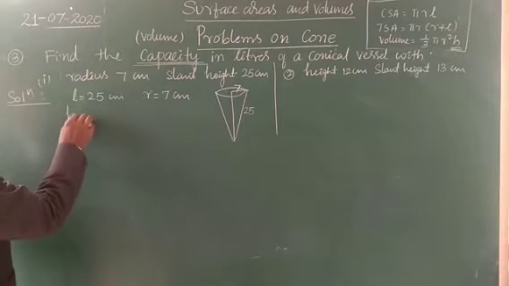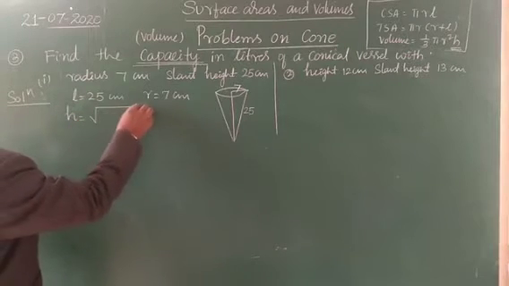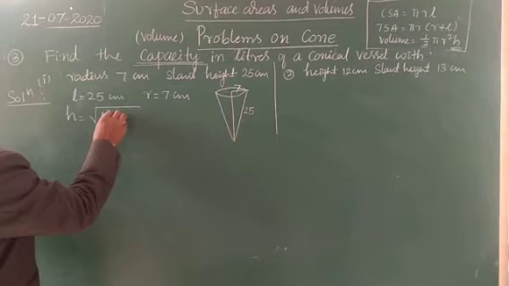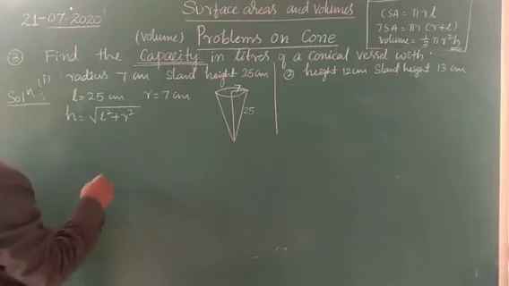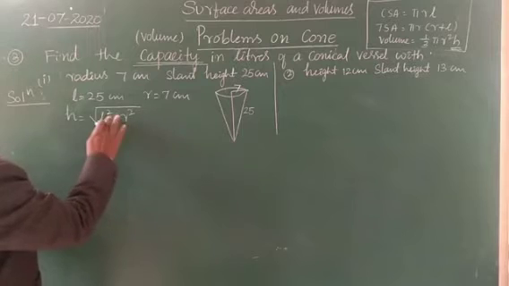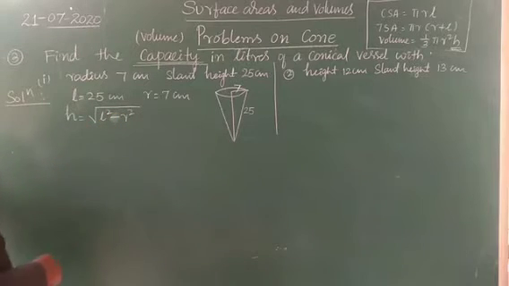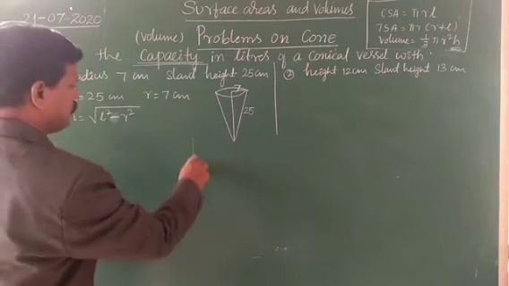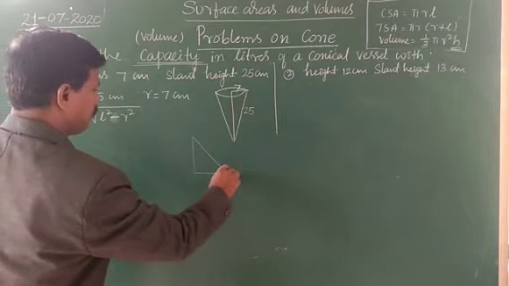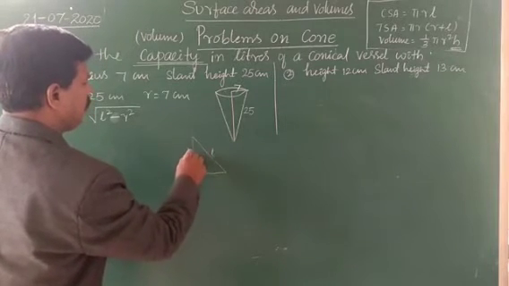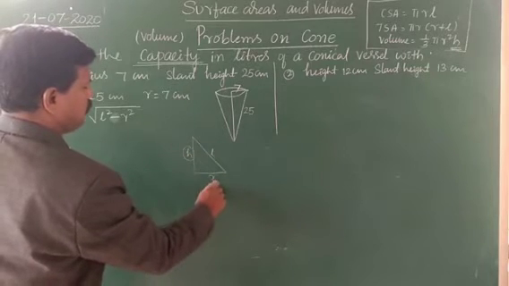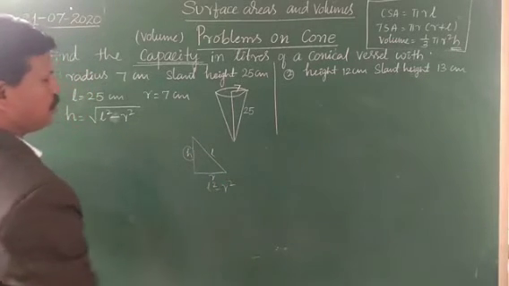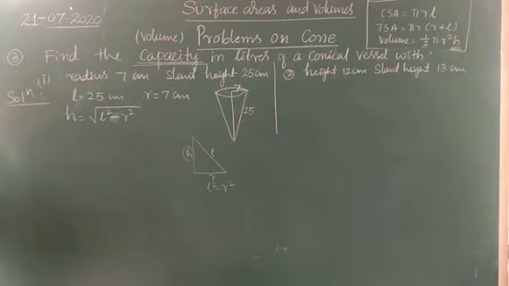So h is equal to square root of L square minus R square. See here, this is the right angle triangle and this is L, H and R. We want H, so this is L square minus R square. Understood?